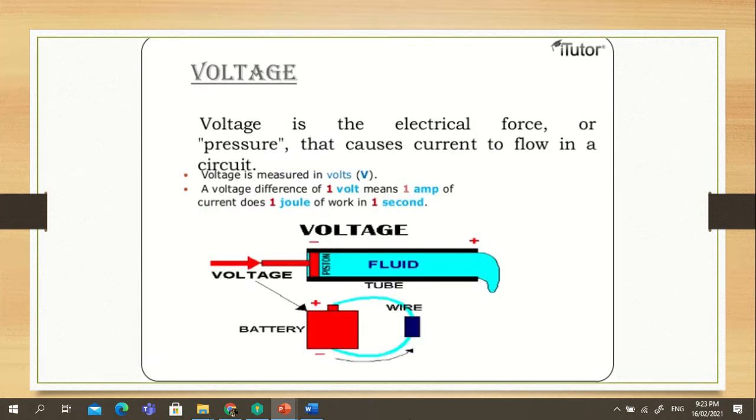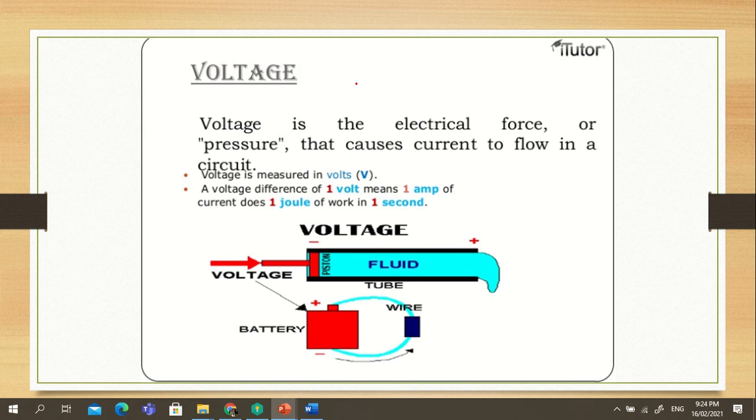Okay, then we have what we call voltage. So what is voltage? Voltage is the electrical force or pressure that causes current to flow in a circuit. We know that the conductor has electrons.